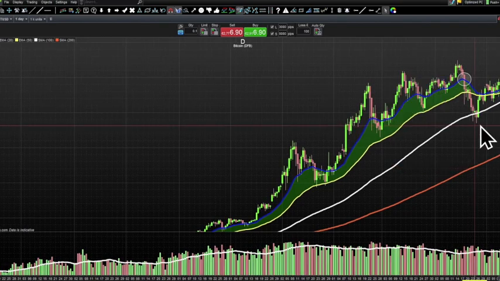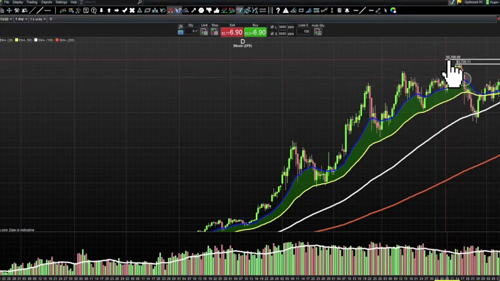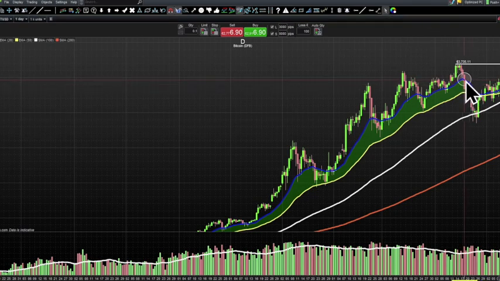We have of course our stop loss right here, because one of the ways that you can set a stop loss is to go to the next high. We'll see if it will hit our stop loss now, but we could have looked at this as the support and resistance.